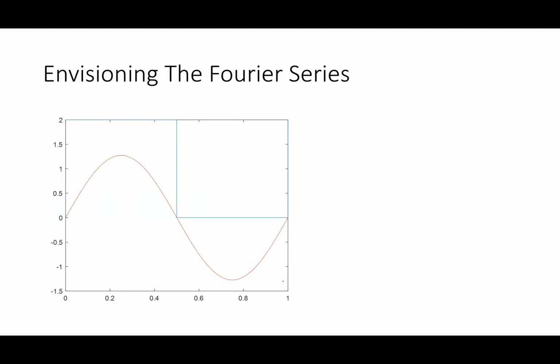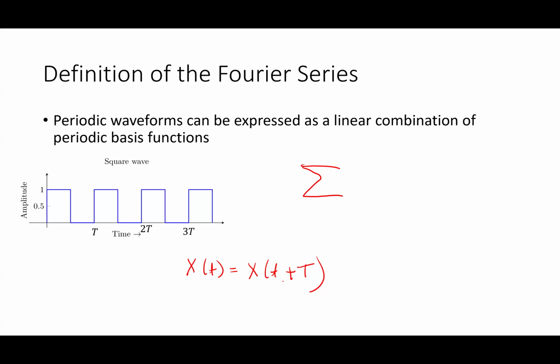All right, so I want to visualize the Fourier series for a second, because basically what I'm saying is it's a linear combination of sines and cosines. So one way of writing this periodic waveform, let's call it x of t, is that it is equal to some constant.